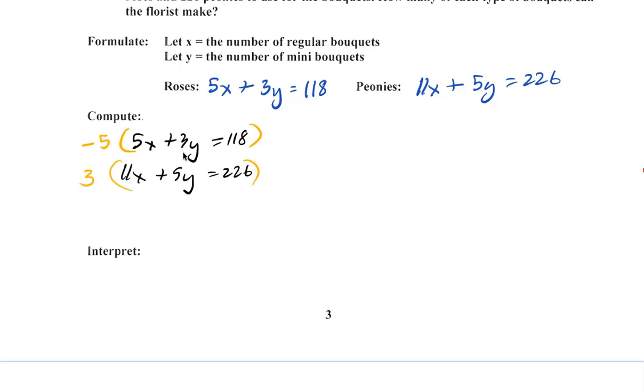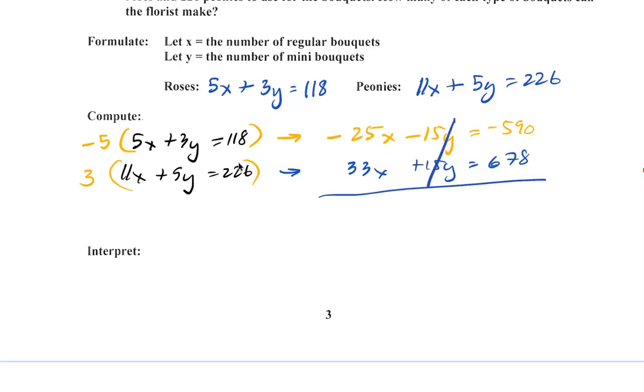Remember, I always want them to be different signs. Why did I pick the top to be negative? Just because that was smaller. So I'm guessing it'll work out for us. So the top here becomes negative 25x minus 15y equals negative 590. And the bottom here becomes 33x plus 15y equals 678.